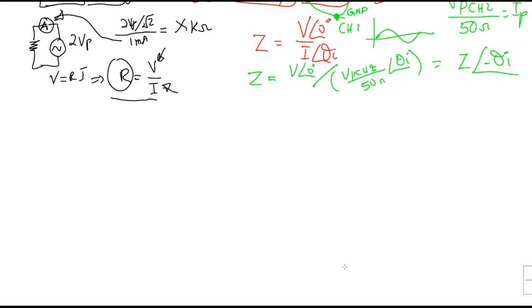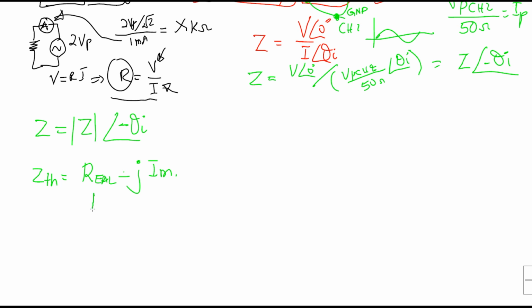Okay. So now, if we convert that Z, with the angle negative theta I, to rectangular form, Z, which is our Z Thevenin now, will be represented by a real part, plus J and the imaginary part here.